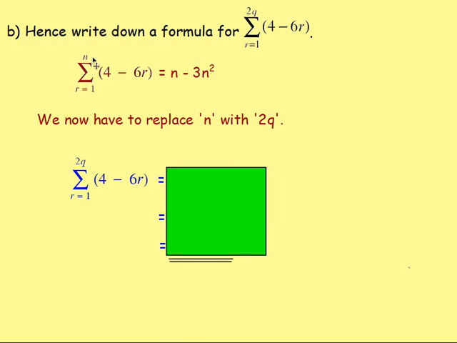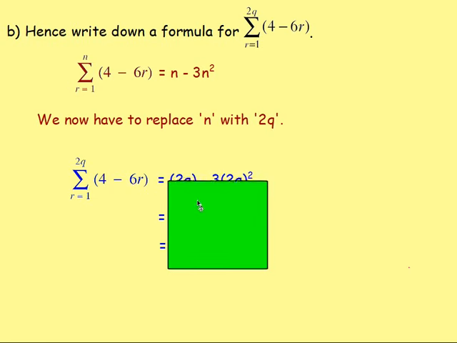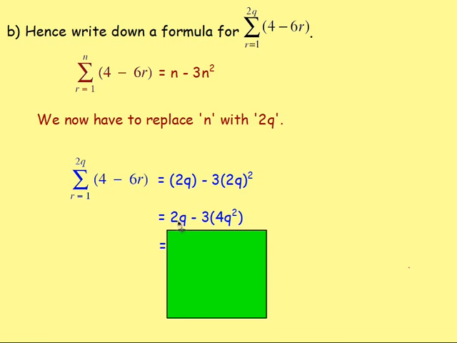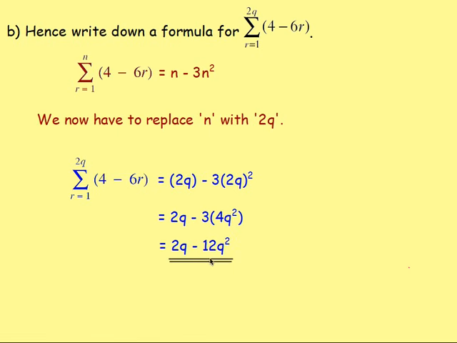In this case, it's not a number, it's just 2q. So we sub that in place of n. We would have 2q take away 3 times 2q squared. 2q squared is 2q times 2q, which is 4q squared. So it's 2q take away 3 times 4q squared, which will be 2q take away 12q squared. And that's your answer.